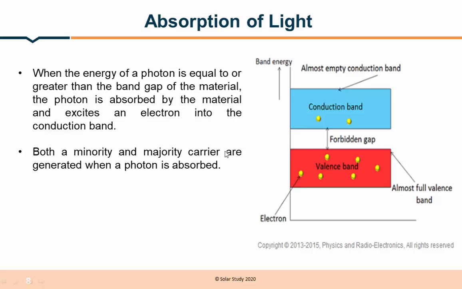Both majority and minority carriers are generated when photons are absorbed. What are the minority? Minority is nothing but fewer electrons. Majority contains more electrons. In minority, there are 3 or 4 electrons in the outermost shell. In majority, there are 5 electrons in the outermost shell.